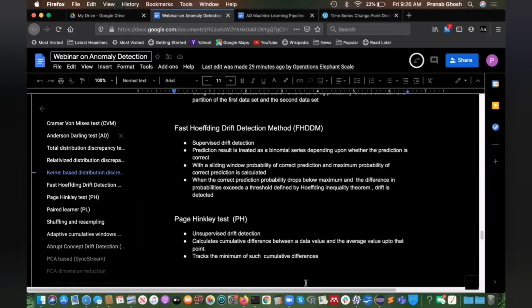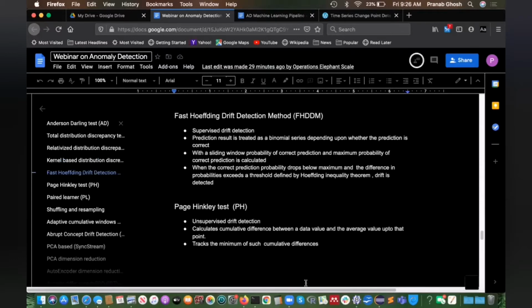Fast Hoeffding drift detection method. This is for supervised detection. What we do in this case is take a sliding window. Here our input is a sequence of ones and zeros.